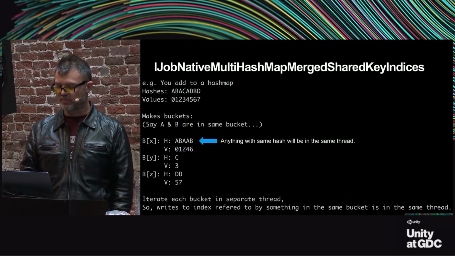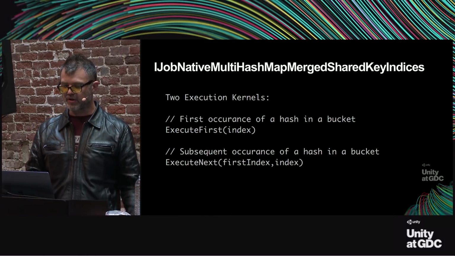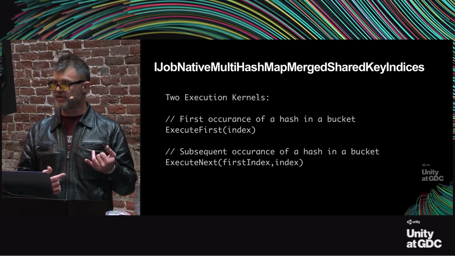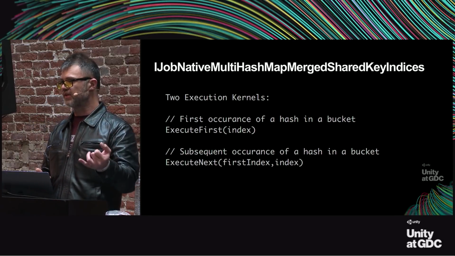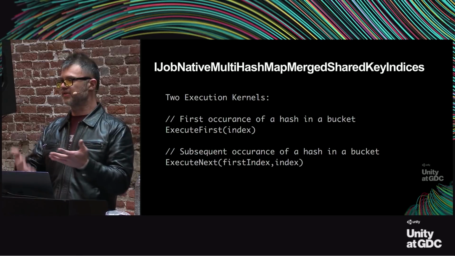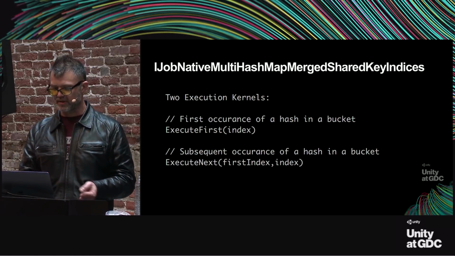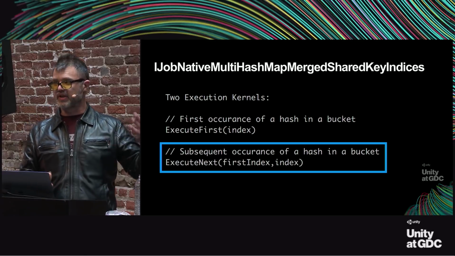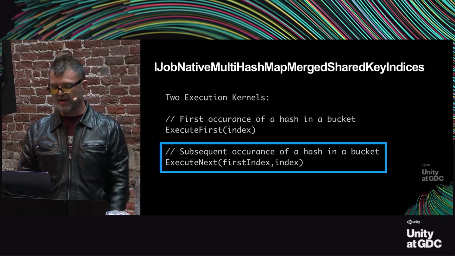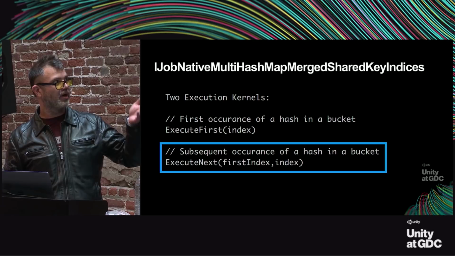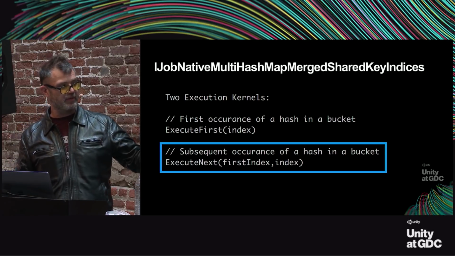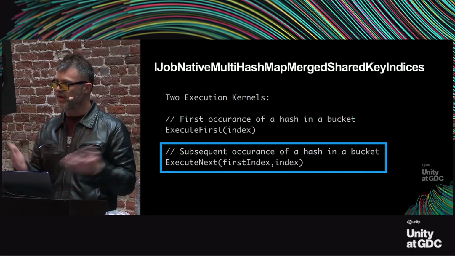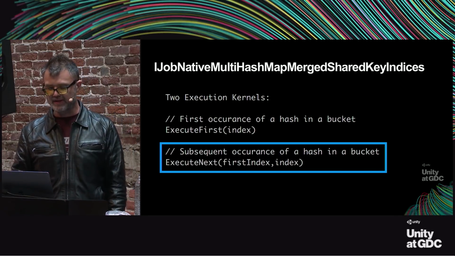Anything with the same hash will be in the same thread. So what this particular custom job type offers is 2 execution kernels. One is execute first, so the first time I see this particular hash, and the second is execute next, so any subsequent time I see this particular hash. And it passes the index, or in this case, the value that you stored in the hash, with you. So on the first encounter, and on any subsequent one, it tells you the value of the first value and then your current value, which we use as an index in this case.